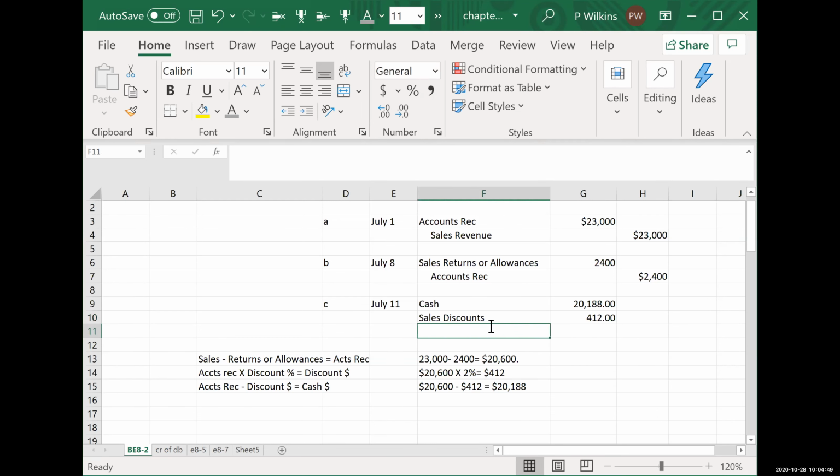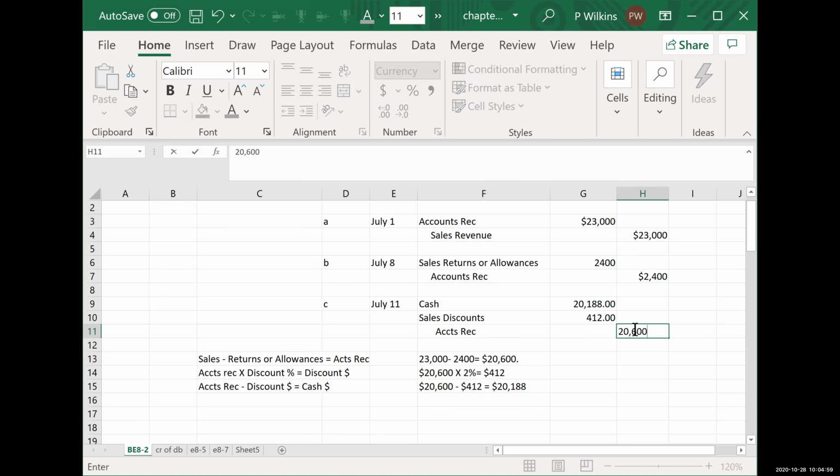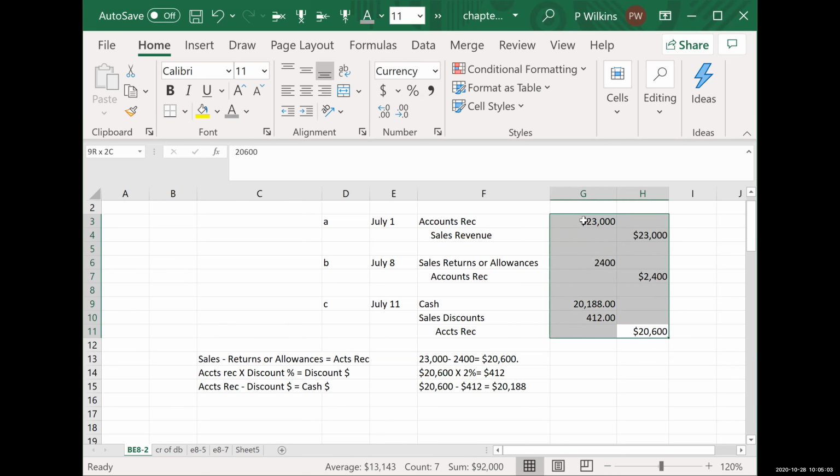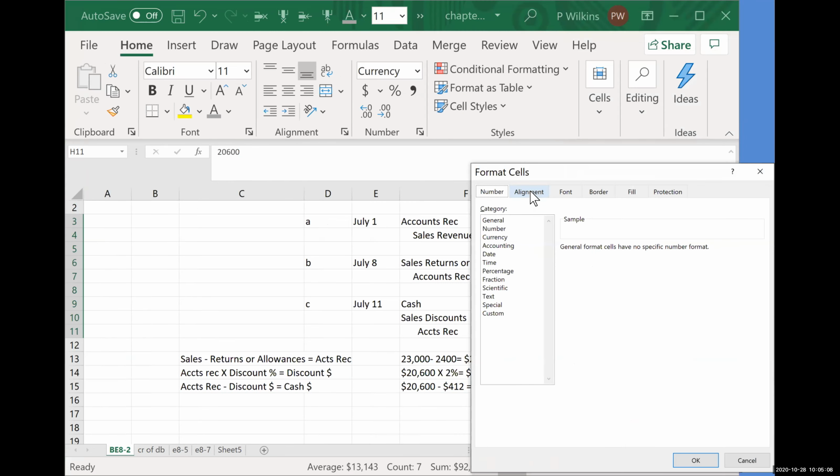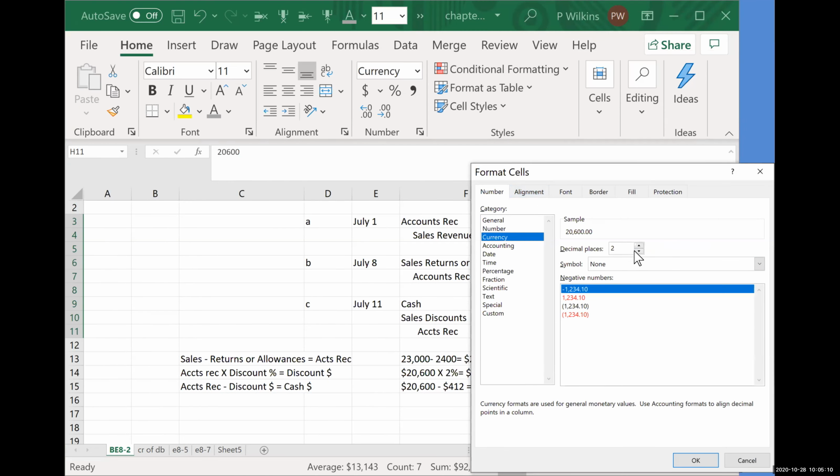And then we are going to be crediting accounts receivable for the amount of $20,600, which is the amount that the accounts receivable account is currently after the returns and allowances. So I'm just changing this to currency so all the boxes look the same.